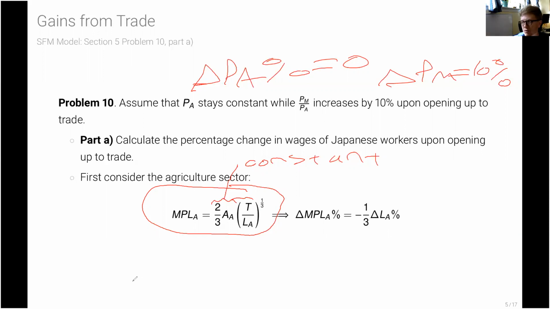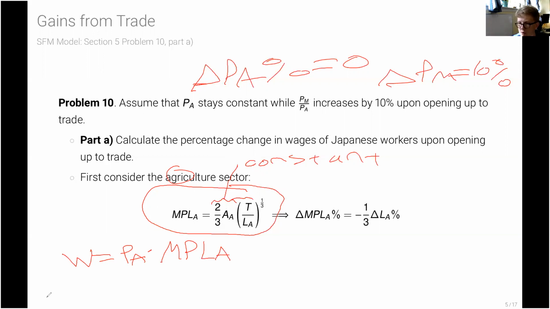Now, why does that matter for calculating the wages of workers in Japan? Well, we know that if we have production in a given sector, then workers are going to get paid their marginal revenue product. And so what's their marginal revenue product going to be? It's going to be given by the price of the good that they produce. In this case, we're considering agriculture, so it's going to be the price of agriculture times their marginal productivity of labor in agriculture.